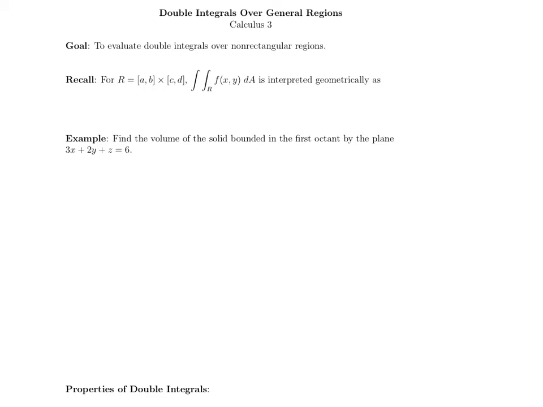And just as a quick reminder, remember when we're integrating over a rectangle [a,b] cross [c,d], the first interval is giving us an idea of where the x values lie, the second interval the y values.